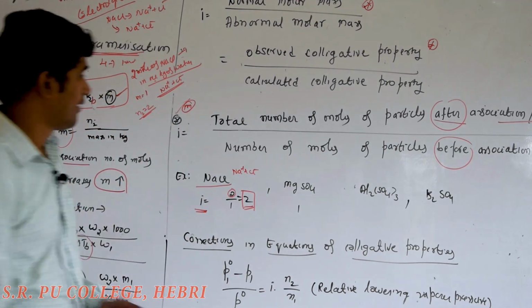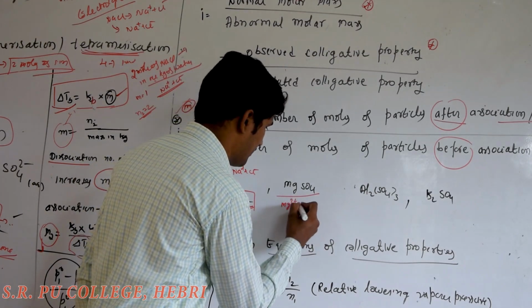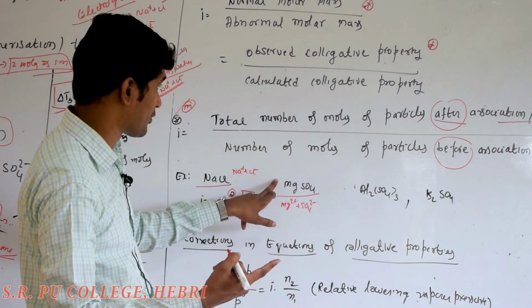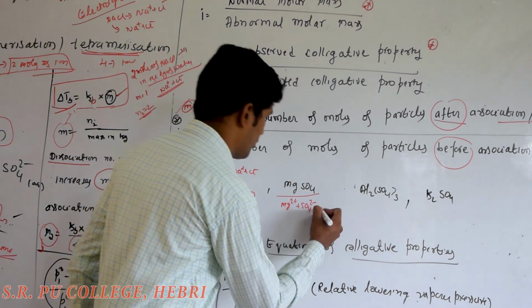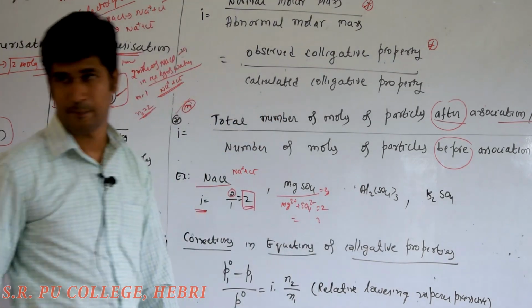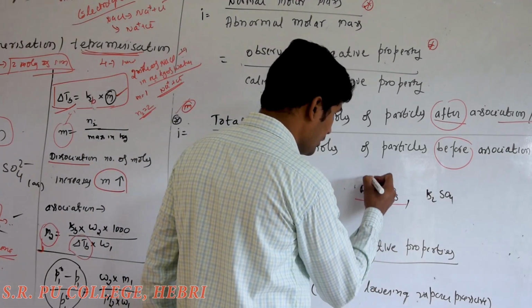For magnesium sulfate also, Mg2+ and SO4 2-. So after dissociation 2, before it is 1. So again the Van't Hoff factor is 2. Aluminium sulfate, Al2(SO4)3.